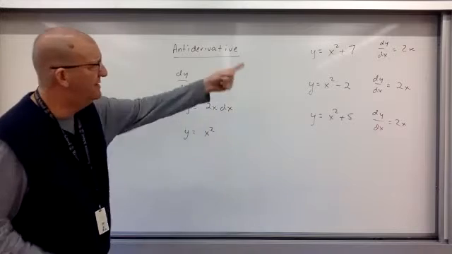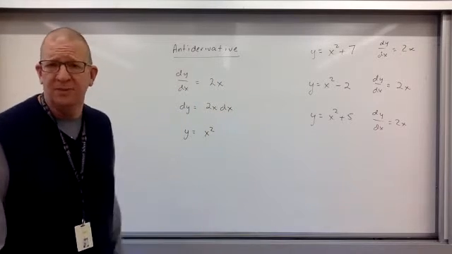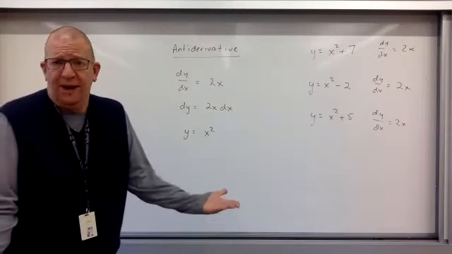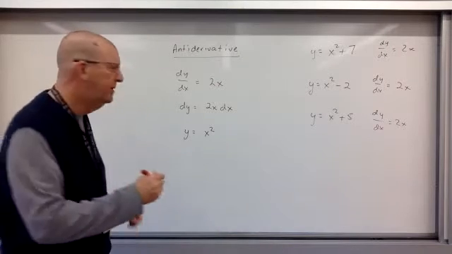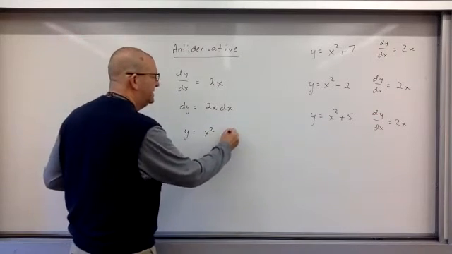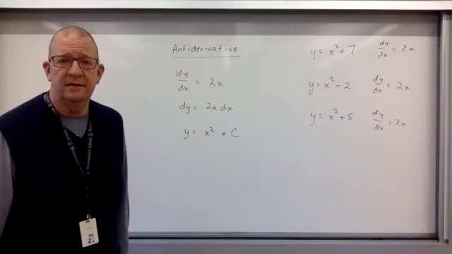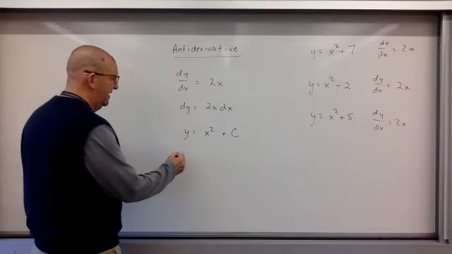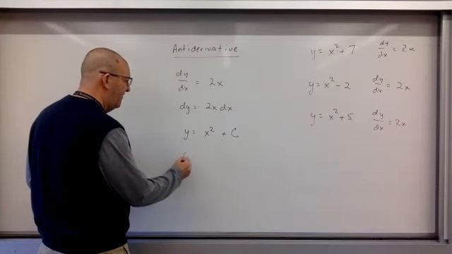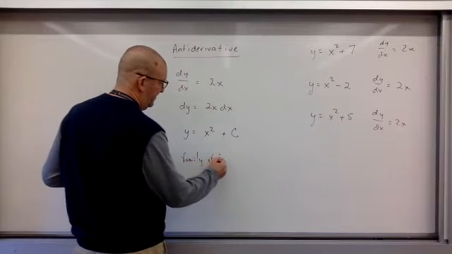But now, what is it? Is it x squared plus 7, x squared minus 2, x squared plus 5, x squared minus pi over 4? I don't know. So what do we do? We write plus c, where c is any constant. So we don't know. In other words, this is a family of functions.